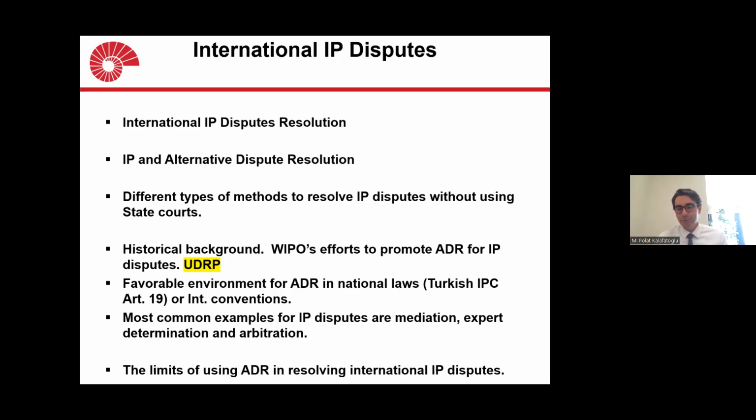IP disputes, I think, played a major role in the development of international arbitration as an international dispute resolution mechanism. For example, maybe you know that there are what we call expedited arbitration rules, a fast track arbitration procedure.